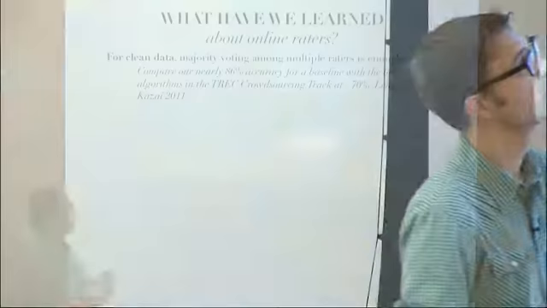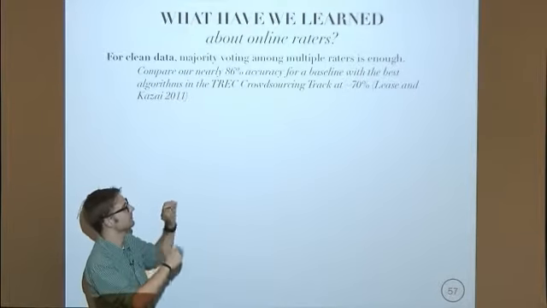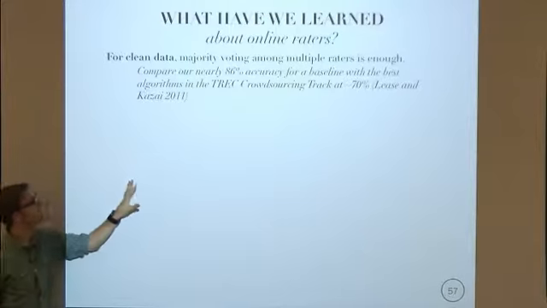Their majority rating, that baseline of the most number of votes, was around 70% in accuracy, while our data was 86% accurate out of the door. So there wasn't much to improve on, and at the same time, it meant I didn't need to be so fancy with what I was doing.